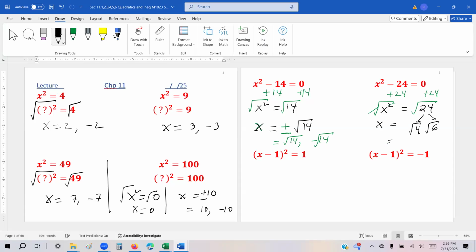And square root of 4 will give you 2. Square root of 6 doesn't have anything. So it's 2 square root of 6. And what is missing? Plus minus. There are two choices. Either plus 2 square root of 6 or minus 2 square root of 6. Two answers.